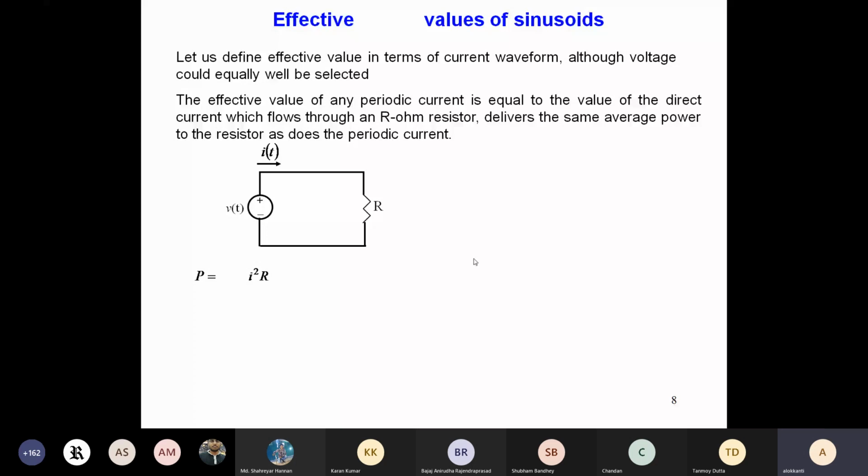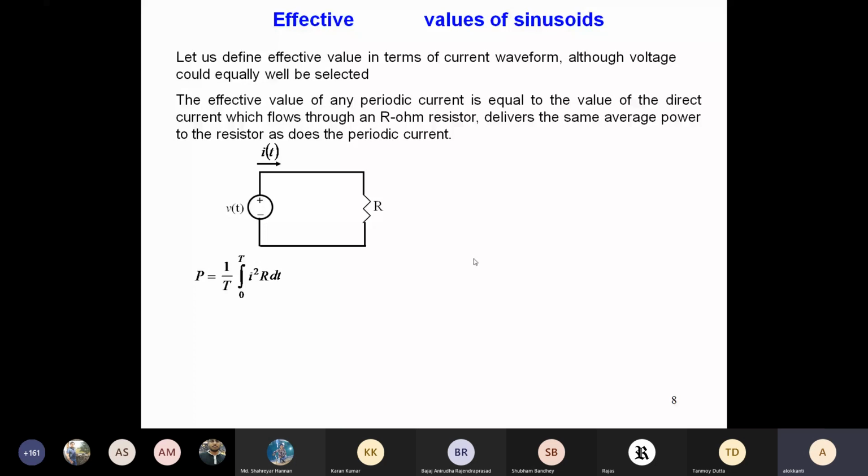To find out the total power, you have to do the integral of i square R dt from 0 to T. This is the total energy passing through this resistor for one full cycle, and its average value is the average power to the resistor.